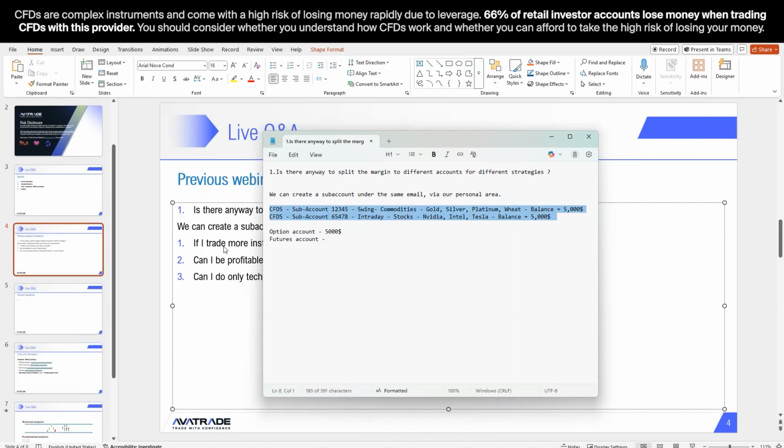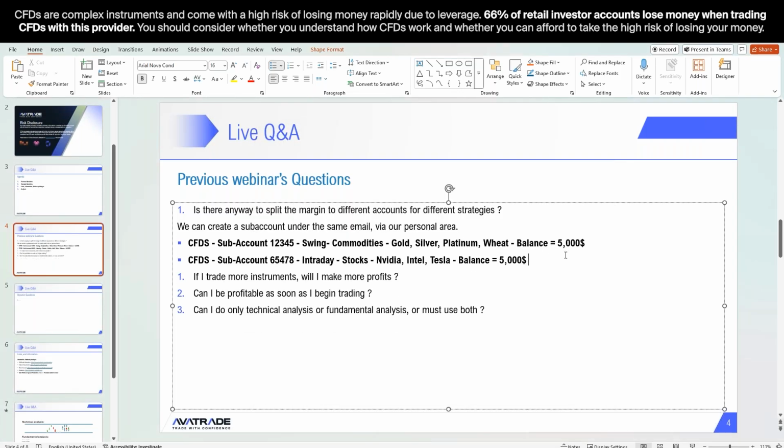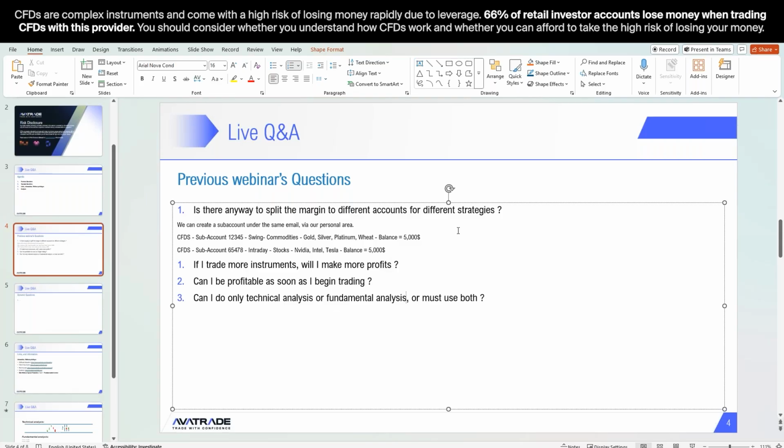I'm not sure we have enough space for that, but let's see. Maybe I'll make it a bit smaller. This way it occupies less space. There we go.